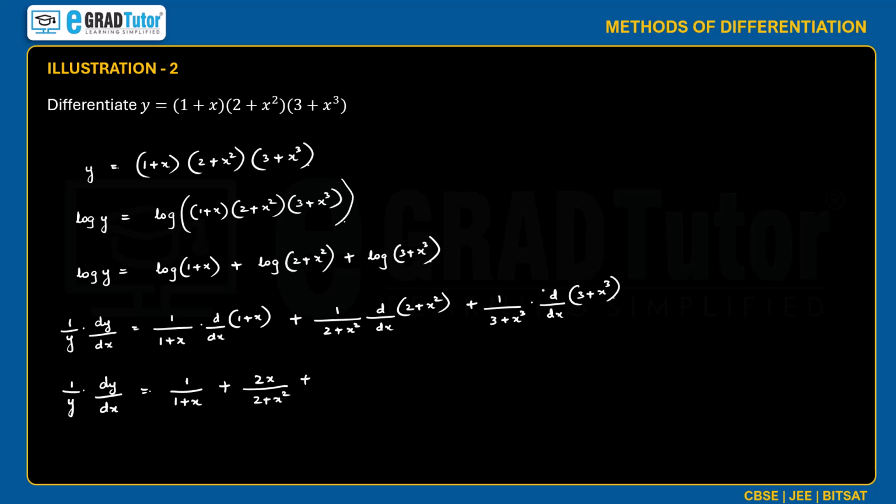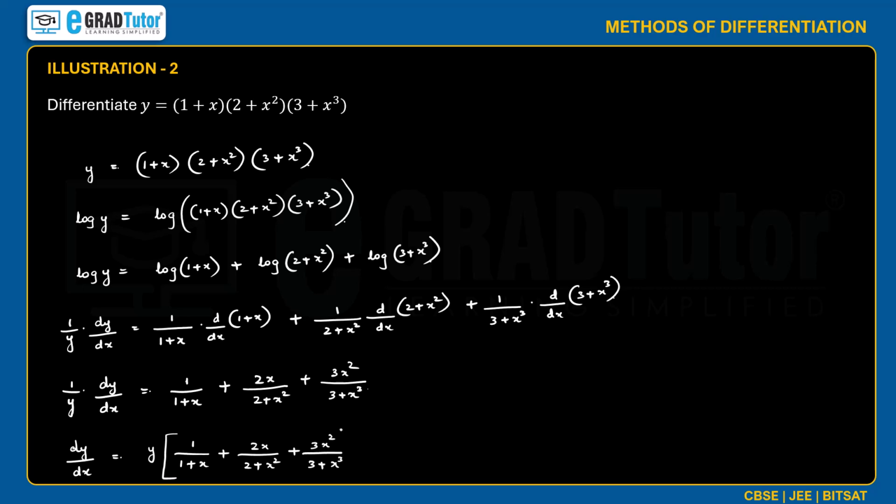What is differentiation of 3 plus x cube? 3x square. 3x square divided by 3 plus x cube. Right? Now take this y to the right hand side. dy by dx is equal to y times 1 by 1 plus x plus 2x by 2 plus x square plus 3x square by 3 plus x cube.